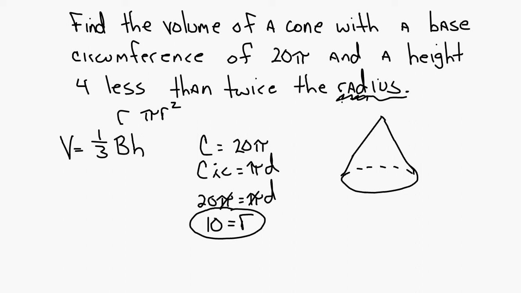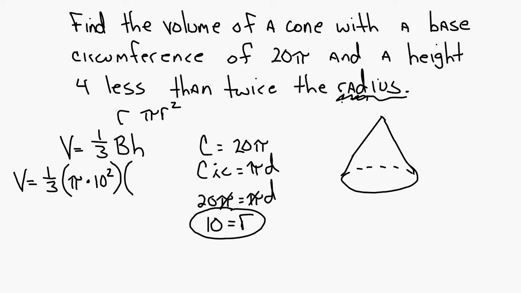So watch. Over here now, volume equals 1/3 times pi times 10 squared, right? Pi times r squared times the height. This says that the height is 4 less than twice the radius.